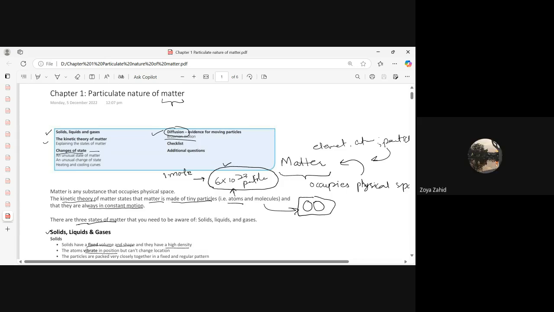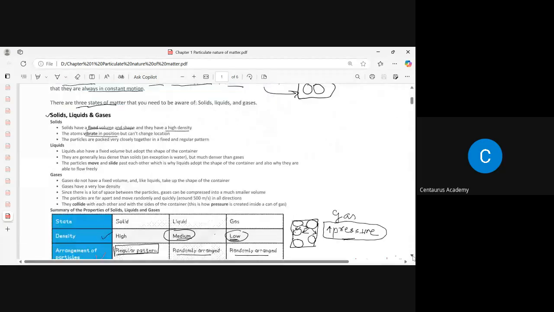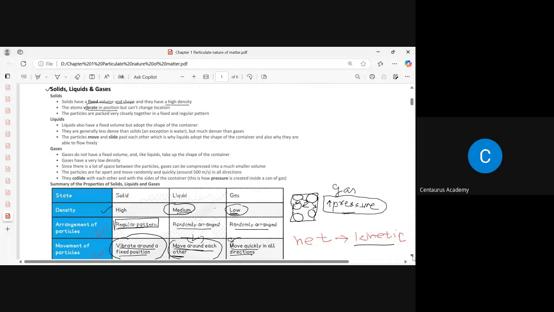Yes. Okay. Then we look into the characteristic properties of solids, liquids, and gases. Solids have a fixed volume and a fixed shape. Similarly, when something has a fixed volume and a fixed shape, you can also think that their arrangement would be very regular.